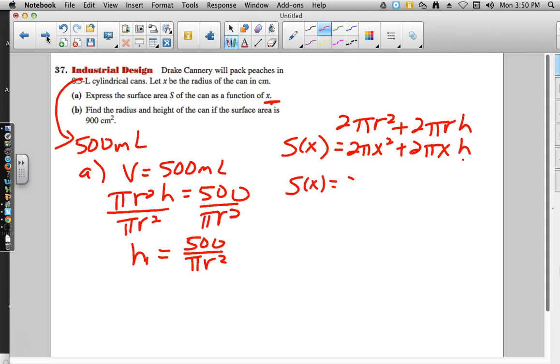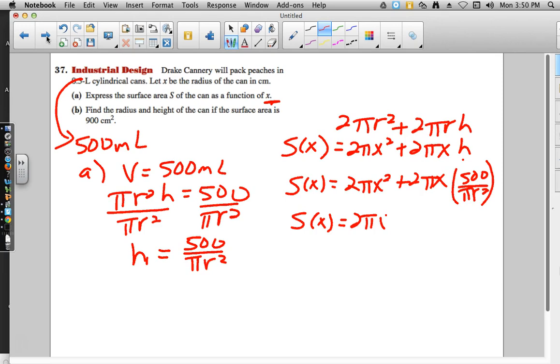So S of x equals 2 pi x squared plus 2 pi x, and then instead of an r we're going to use an x because that's what they required, 500 over pi x squared. And then we would do a little simplifying.